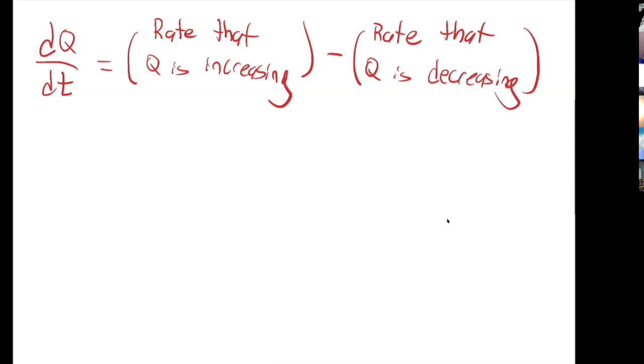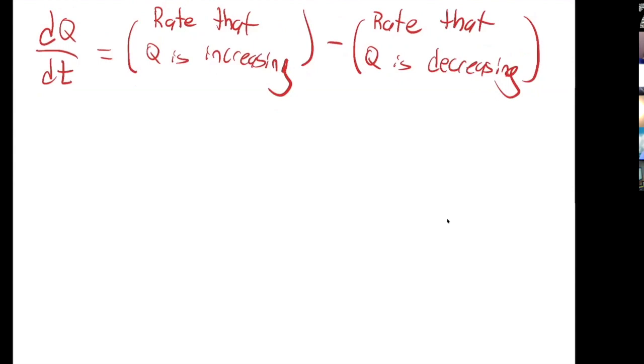This is considered compartmental analysis. Populations would follow this model as well, and heat models too. In those cases there's only one component, but with salt tanks we have things going in and things going out, so we have to take into account both.